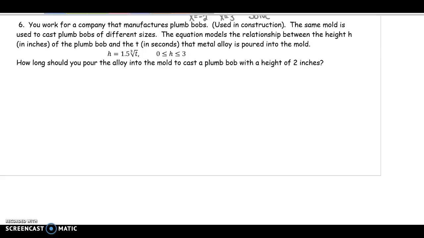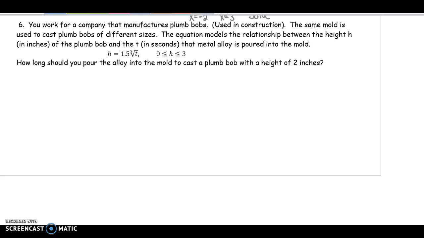Here's the problem. The same mold is used to cast Plumb Bobs of different sizes. So, it's a tall, skinny mold. If you pour a metal alloy in for like a second, it makes a short Plumb Bob. If you pour in a metal alloy for like 5 seconds, it would make a much taller one. They're actually telling us it's only between 0 and 3, but whatever.